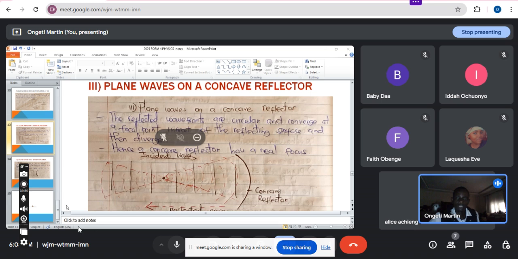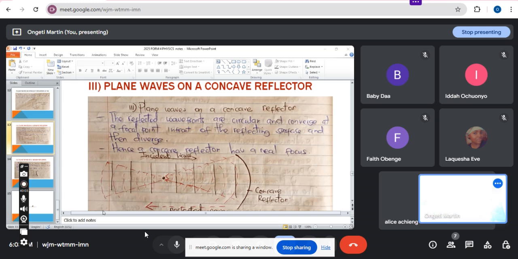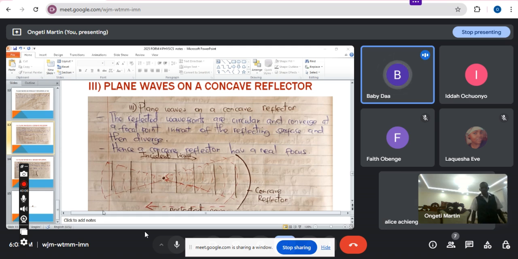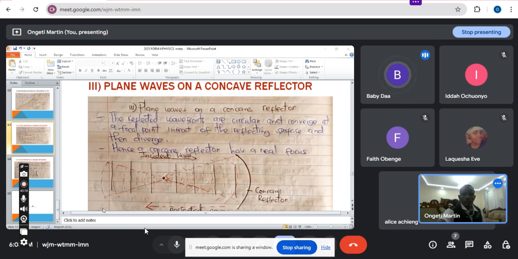Plane waves on a concave reflector. Reflected wavefronts are circular and converge at a focal point in front of the reflecting surface and then diverge.